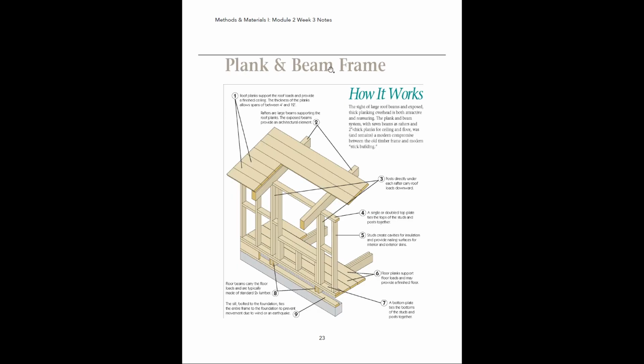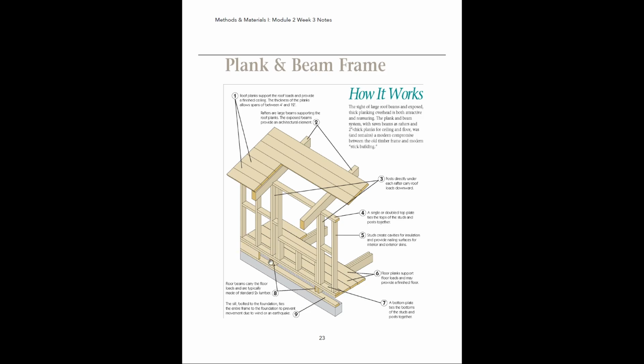But then moving on is the plank and beam frame. So this is a more modern style, and it utilizes a series of planks connected with regular framing members. So we have our vertical posts here underneath each rafter that's going to be transferring the loads down to the foundation.